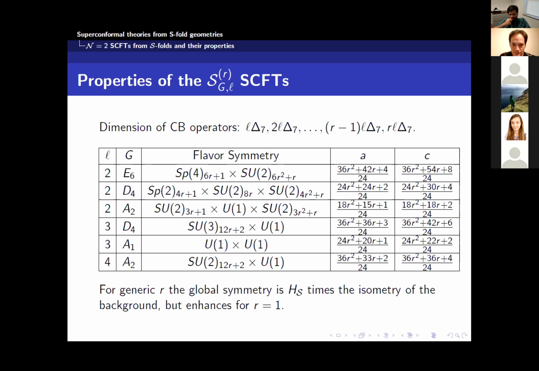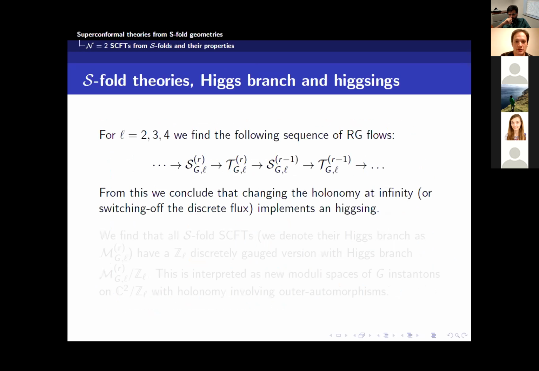So now another thing we can do is to study the moduli space, in particular the Higgs branch, and possible RG flows among these theories. So in particular, we find that for L equal 2, 3, and 4, we have an interesting web of RG flows of this type.